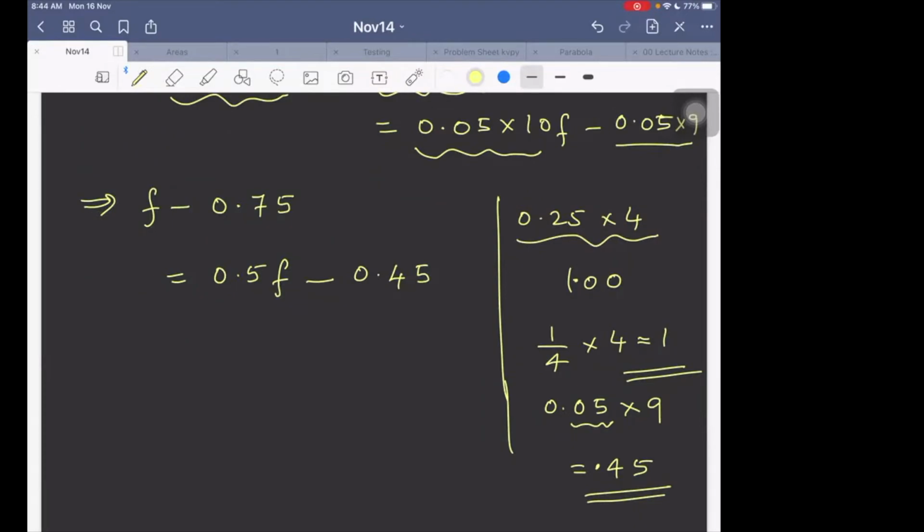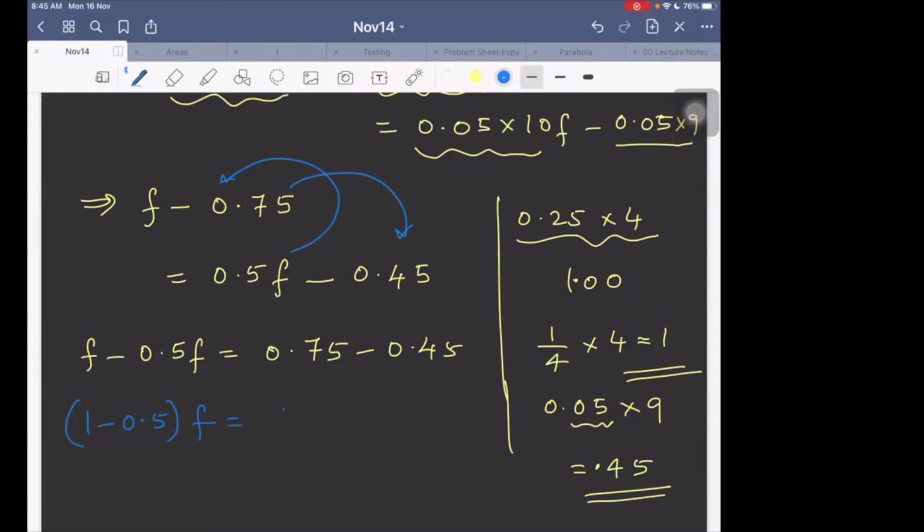Yes. So bring the variable to one side, bring the numbers to the other side. So we have f minus 0.5f, 0.75 plus 0.45. Sorry, it's minus. Bring this to the LHS, bring this to the RHS. So this is 1 minus 0.5 times f is equal to 0.75 minus 0.45, which is going to be 0.30.